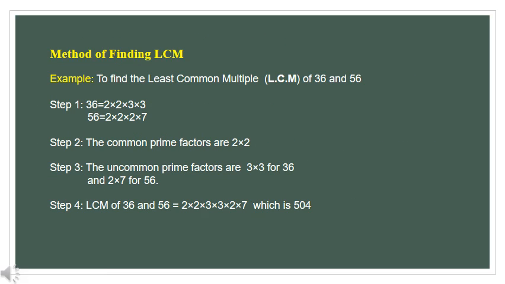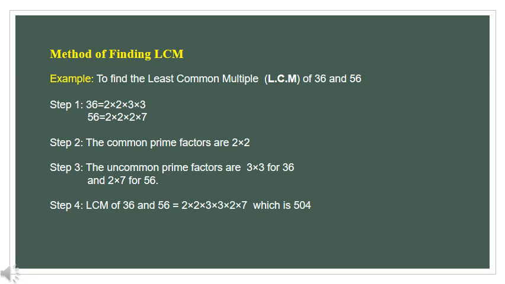Dear students, you have already discussed the concept of LCM and HCF in your previous classes. So here we see the methods of finding LCM and HCF. Here is the first example, to find the LCM of 36 and 56. We'll see the steps to find the LCM. First of all, we'll factorize 36 and 56.